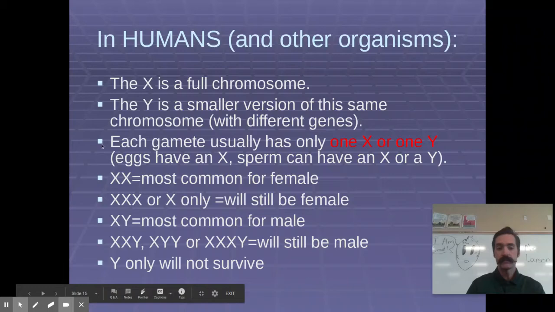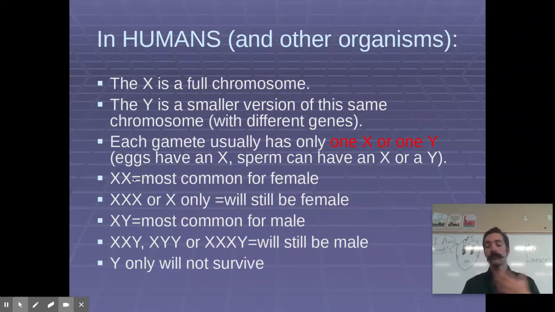So here we can see kind of our reasons why. If you are female, you only have X chromosomes. 2 X chromosomes are the most common for female. 3X or 1X will still be female, but there are some genetic disorders that go along with that. The XY chromosome pair is the most common for a male.